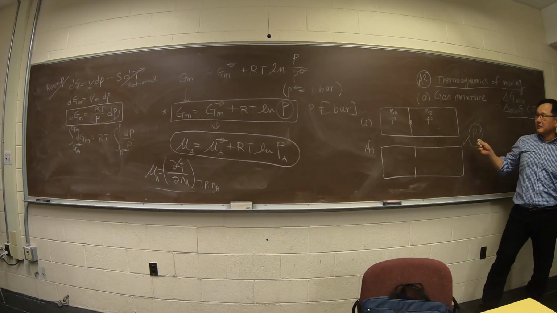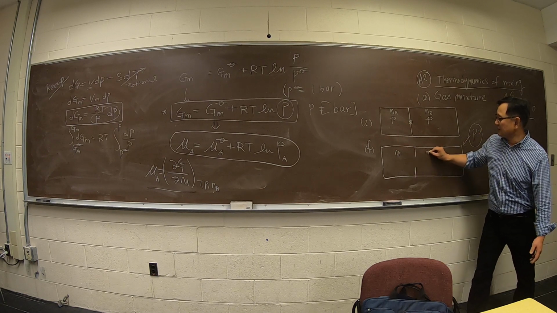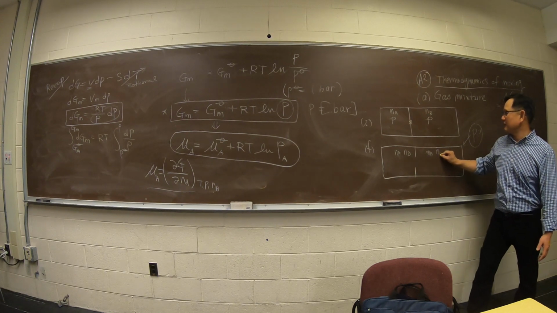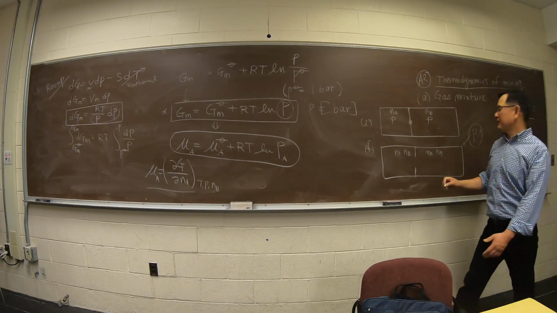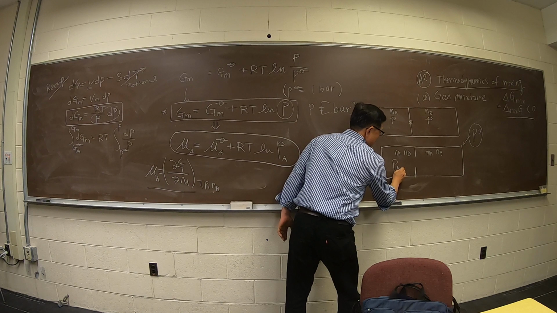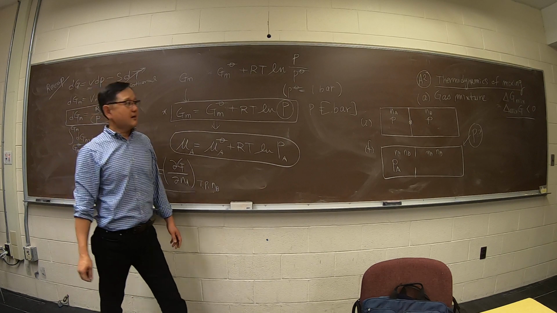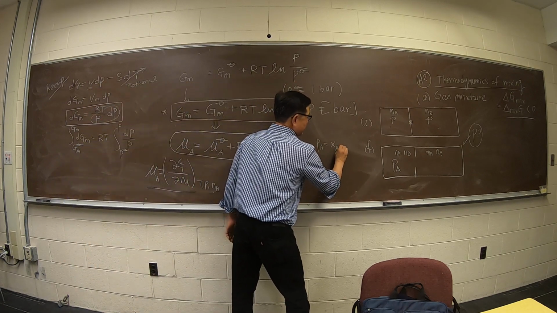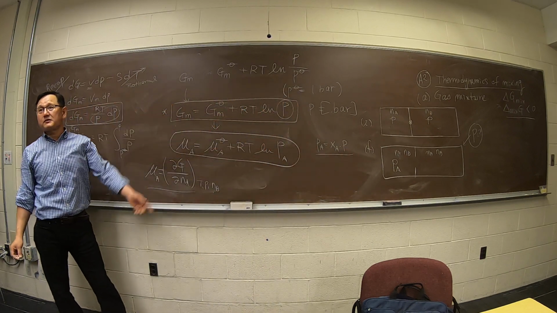But now look at what happened here. A moves to the other side, B moves to the other side. Everything is homogeneously mixed in, right? So what's my pressure here? As far as A is concerned, you experience the partial pressure of A. And do you remember the partial pressure of A is XA times the total pressure, which is the same as your original pressure.